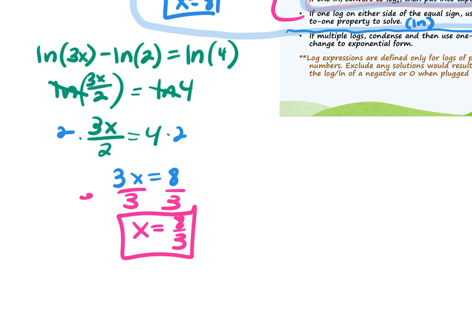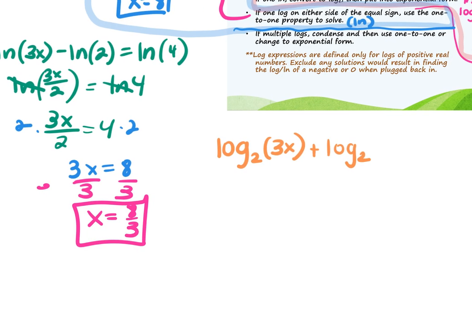The last option is condensing. So let's say it's log base 2 of 3x plus log base 2 of 4 equals 3. So here's what you cannot do. I cannot move this to the right-hand side and then use the one-to-one property because there's not just a log on either side.